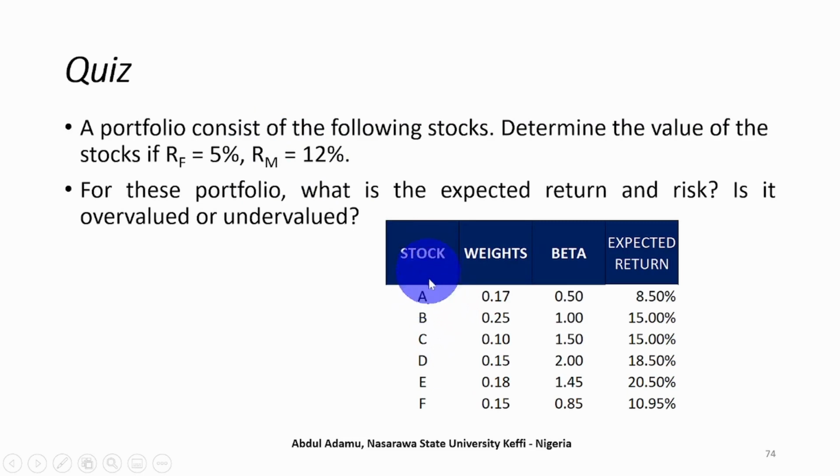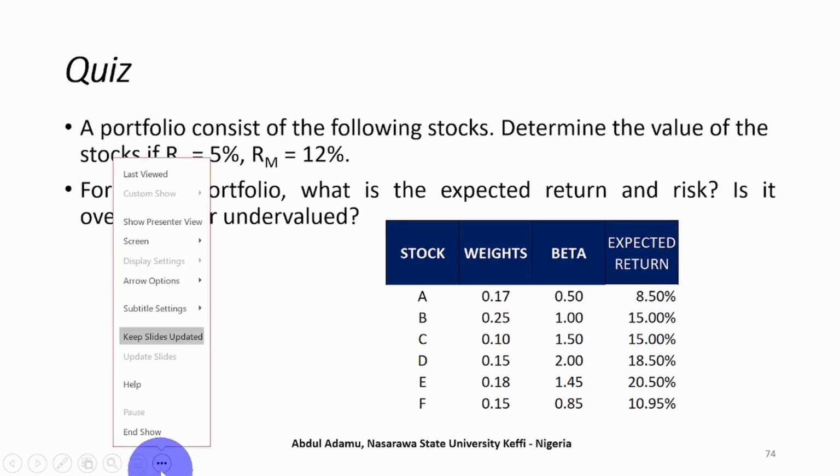So these are the stocks, this is the weight, this is the beta, this is the expected return. We are going to calculate the SML value to know the CAPM, to know whether each security is overvalued or undervalued. So let's go to our Excel first.